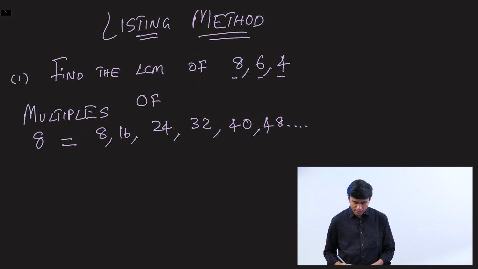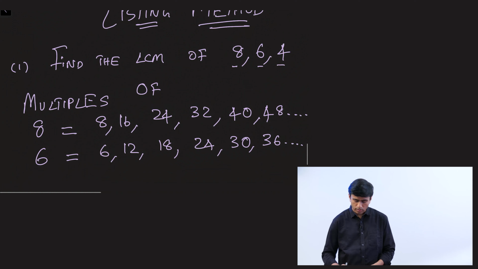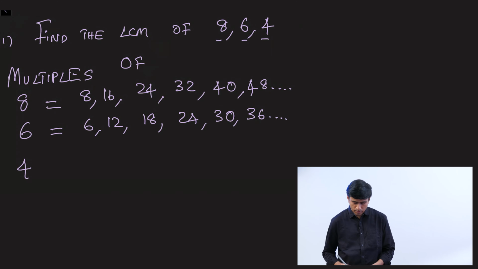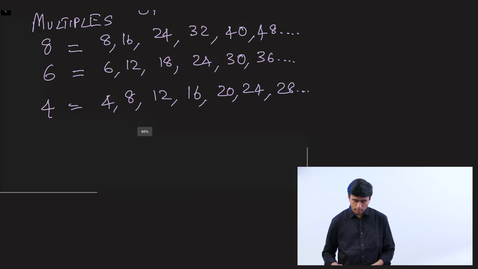What about the multiples of 6? 6, 12, 18, 24, 30, 36 and so on. What about the multiples of 4? Because 4 is your third number. 4, 8, 12, 16, 20, 24, 28 and so on.